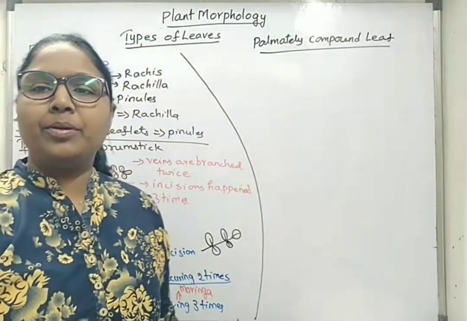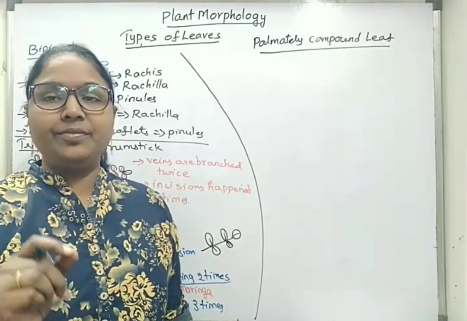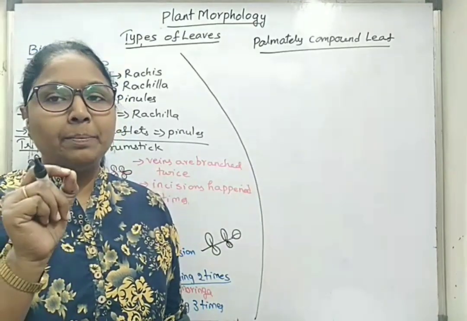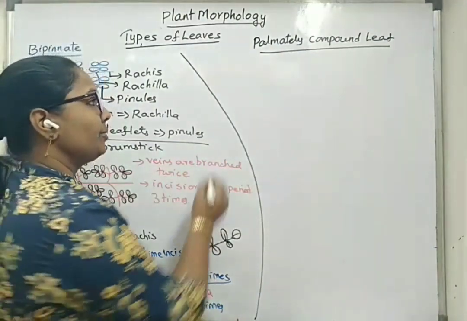Under palmately compound leaf, incisions happen, but the midrib and the leaf are always attached to the main starting point of the petiole, or the tip of the petiole.